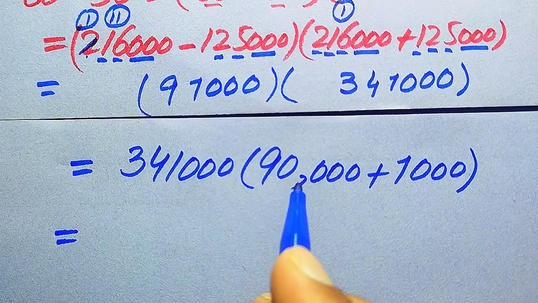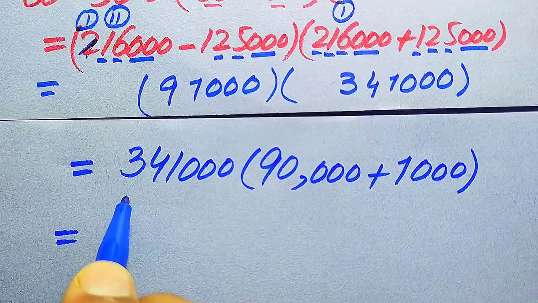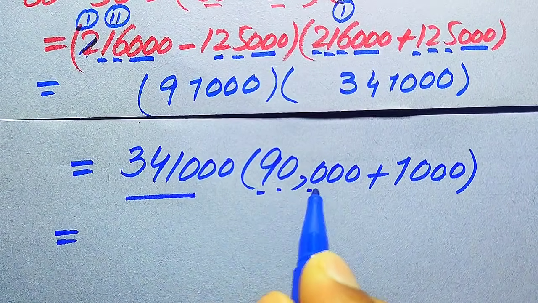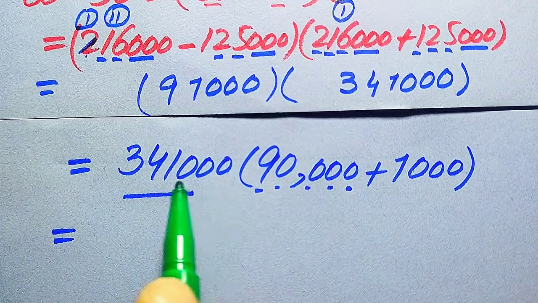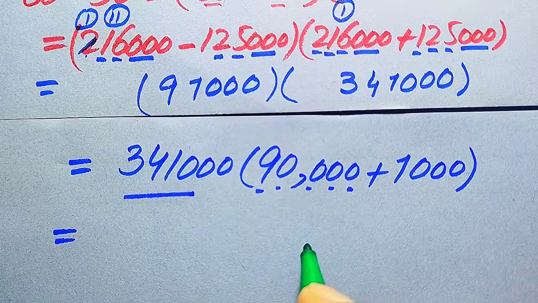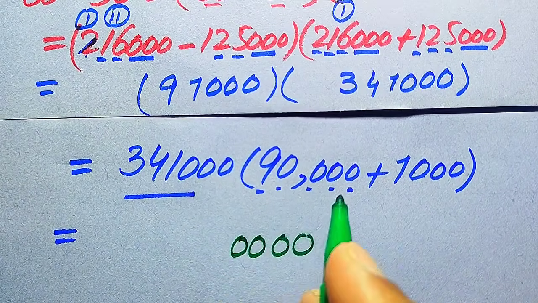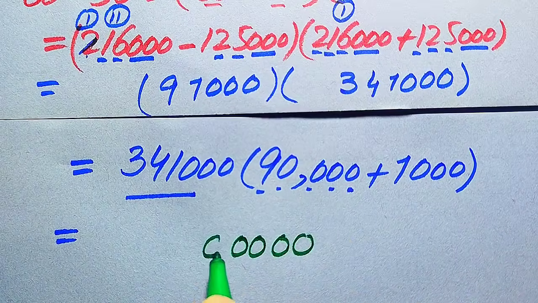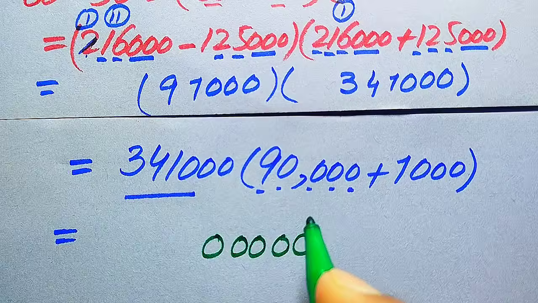Here we consider this a one digit number and this a 5-digit number. When you multiply these 5 zeros with this number, we get 4 zeros, and when you multiply these 4 zeros with this you get all zeros.